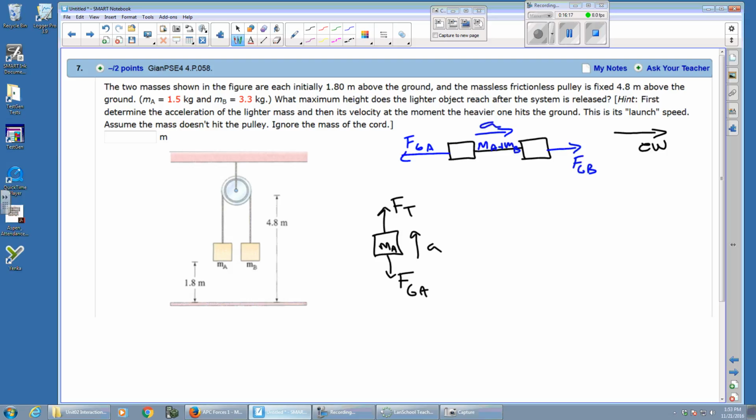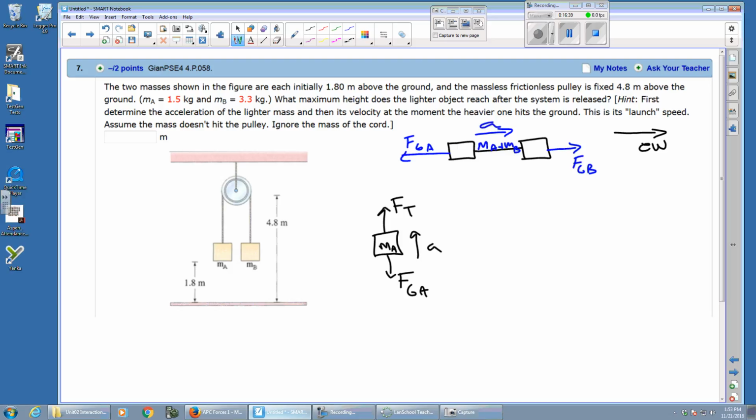Now, for me, that free body helps me see it, but I know it's hard to translate the first time you see it. Because clockwise and counterclockwise can be thought of as linear directions, I've taken everything that pointed clockwise and said that's going to point to the right.